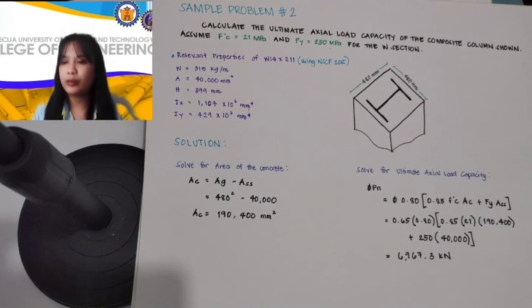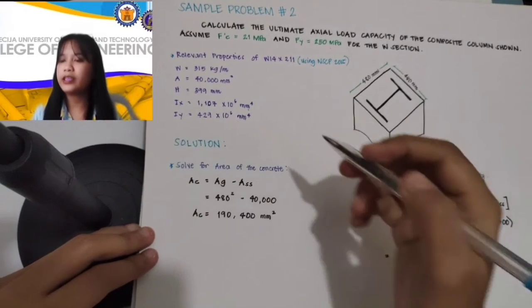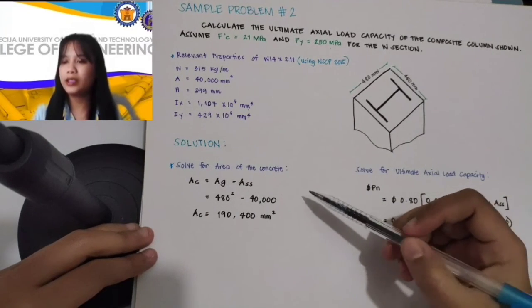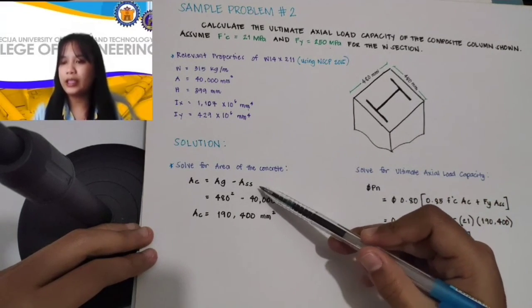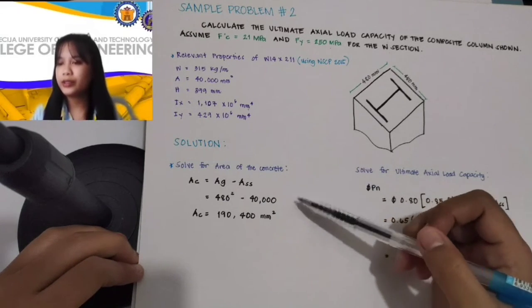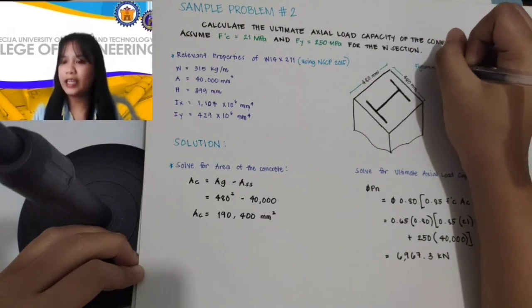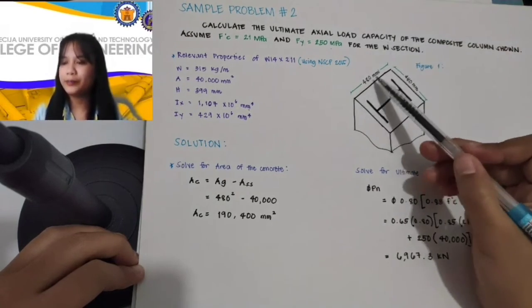First, let us compute the area of concrete. We have the area of concrete is equal to Ag minus Ast. Based on the figure, the total area is 480 by 480.